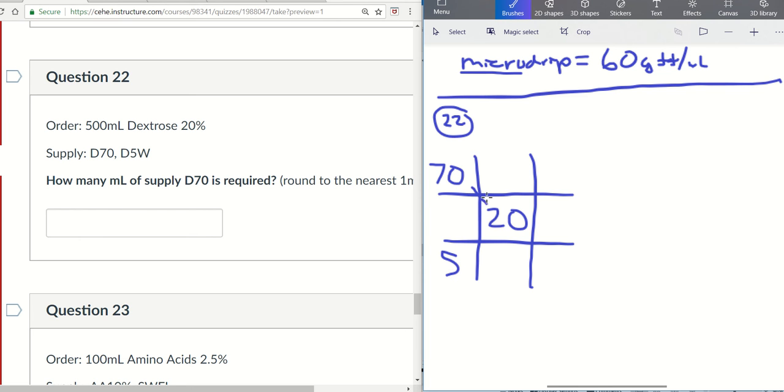Then we find the difference. 70 and 20, that is 50 as a difference. 5 and 20, the difference is 15. Let's add those two together. 15 parts and 50 parts for a total of 65 parts. So add up the right column. And our last step is to multiply by the final volume.